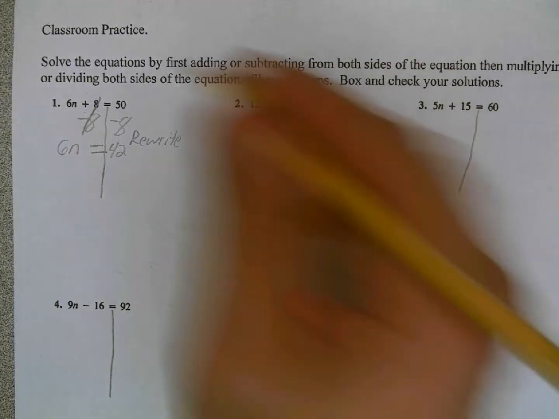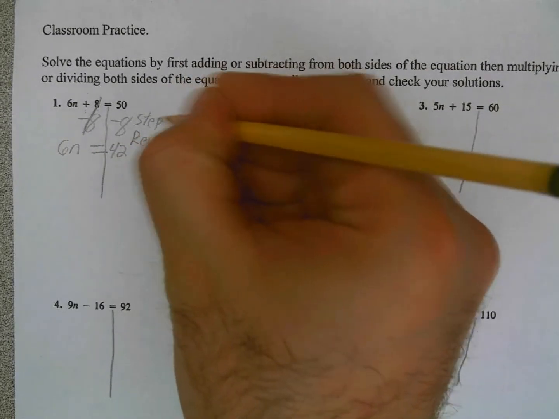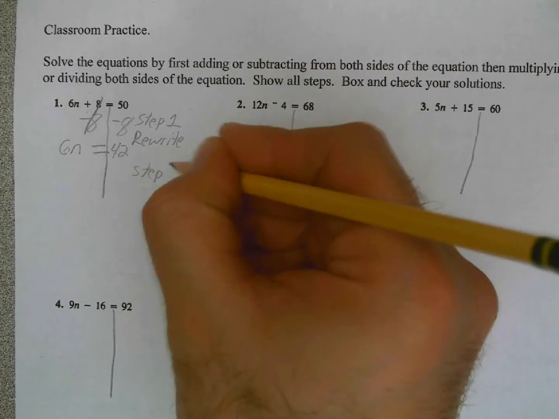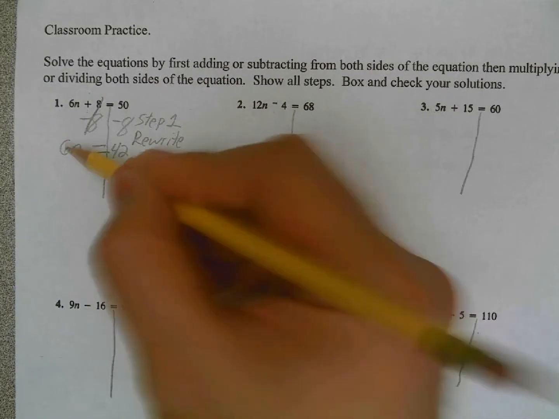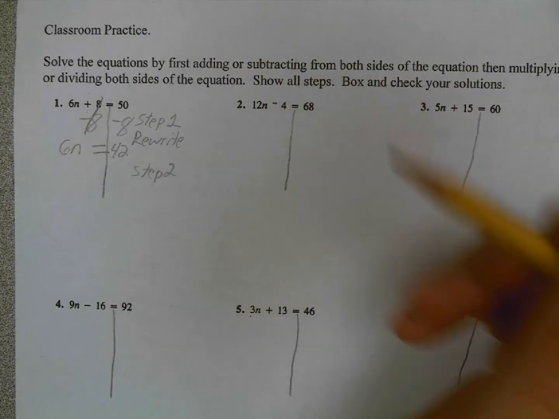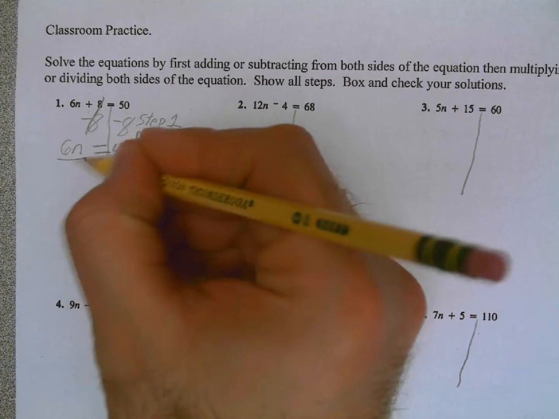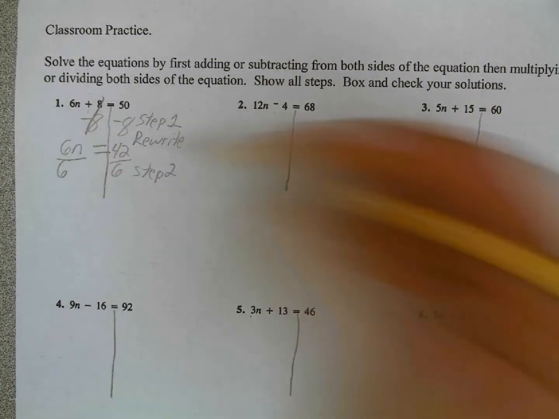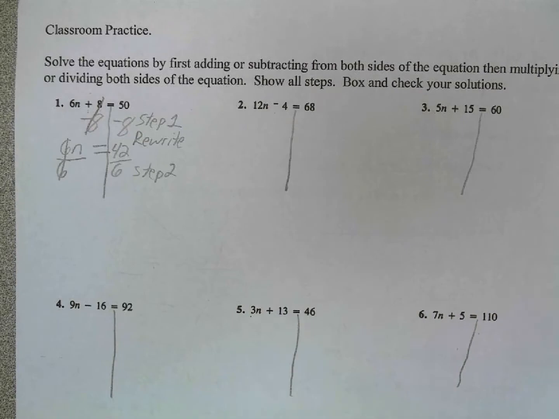So that was step 1. Then we did our rewrite, and then here's our step 2. Leave me alone, times 6. So this is where we multiply or divide. What's the opposite of times 6? Yeah, divide by 6. Whatever you do to one side, you've got to do to the other. So the 6s cancel out.